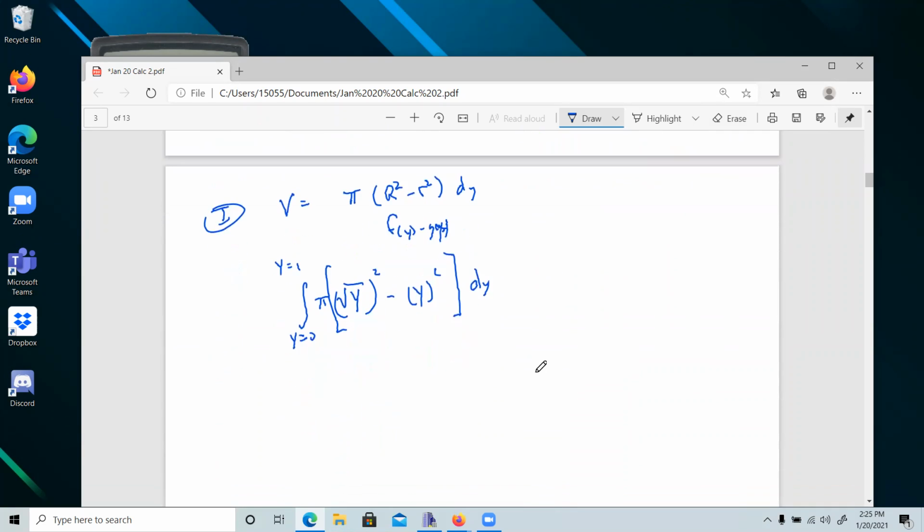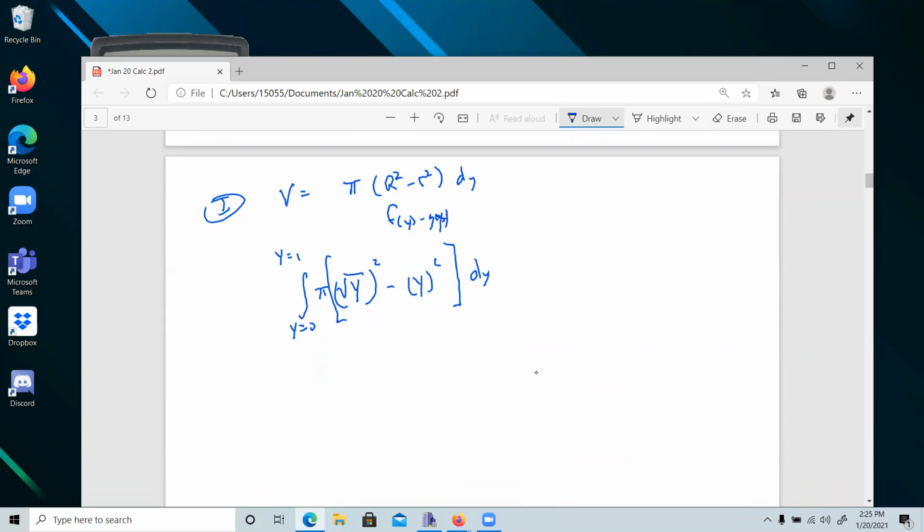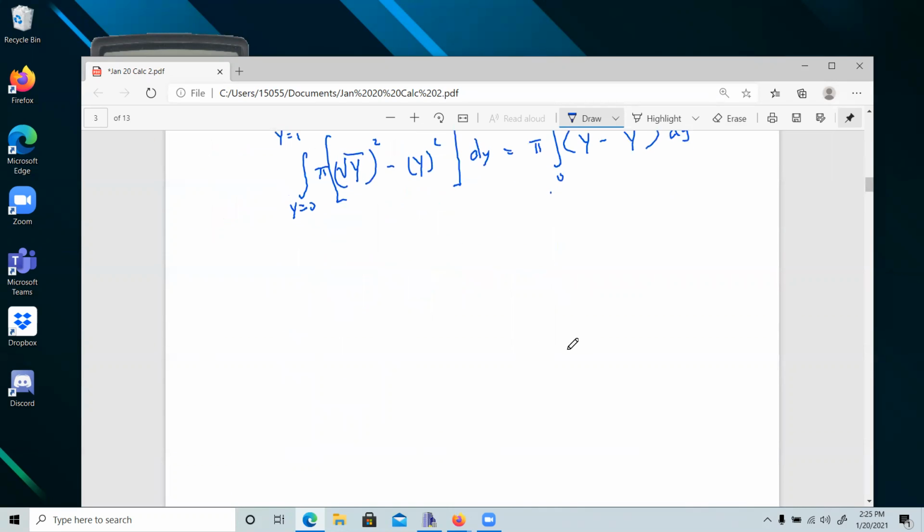Again, these are not the most terrible integrals in the world. This is kind of nice. So we have pi times the integral from 0 to 1. Square root of y squared is going to be y, minus y squared, dy. So let's go through and do that.